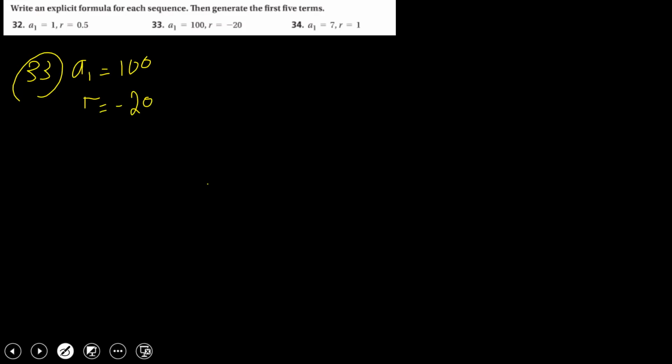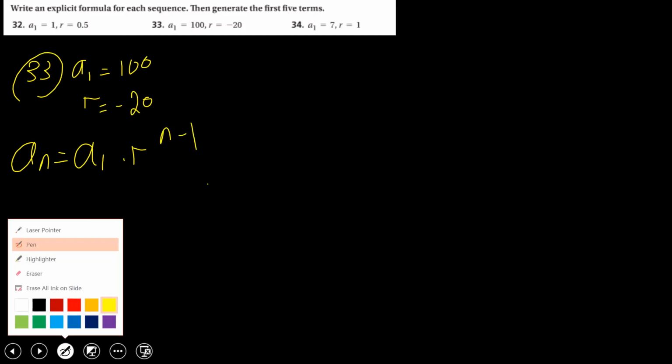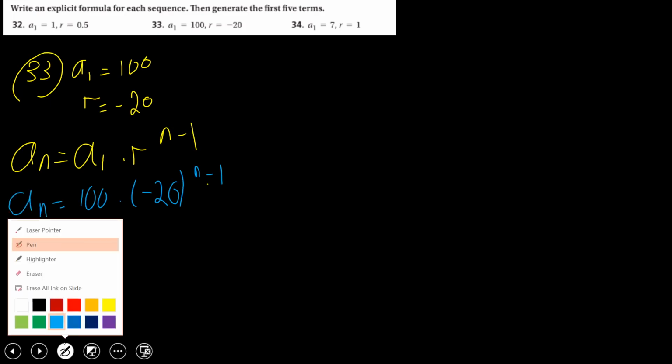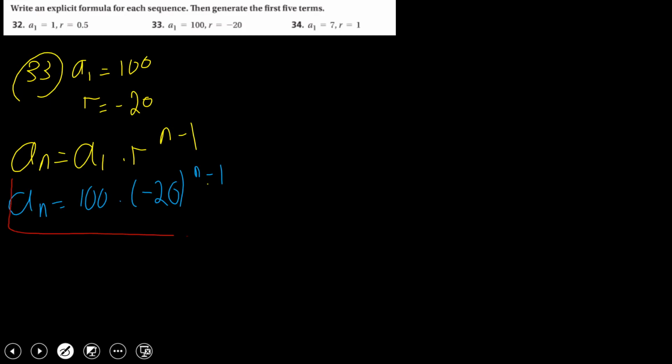What will the explicit formula be? a sub n is a sub 1 times r raised to the power n minus 1. So 100 times negative 20, and negative 20 only raised to the power n minus 1. This will be now an explicit formula.